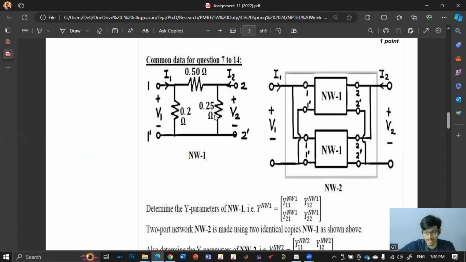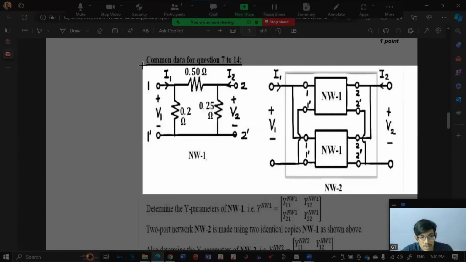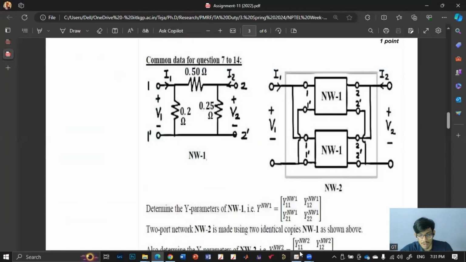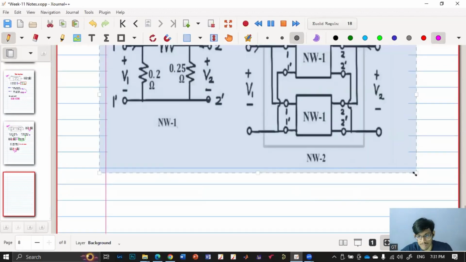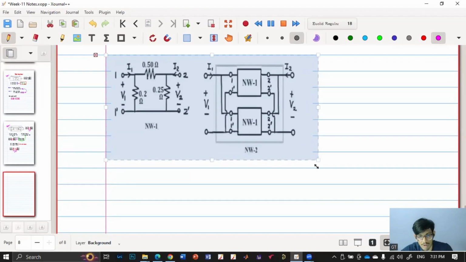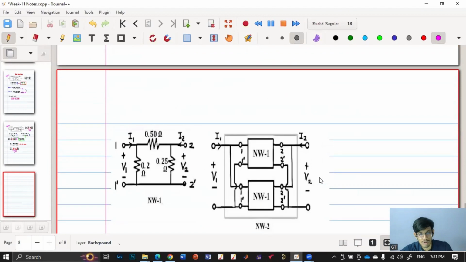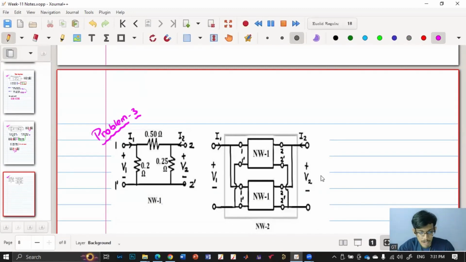So let me just take a screenshot of this and then start solving. So this will be our problem. Okay, so first we have to get the y parameters of network one.